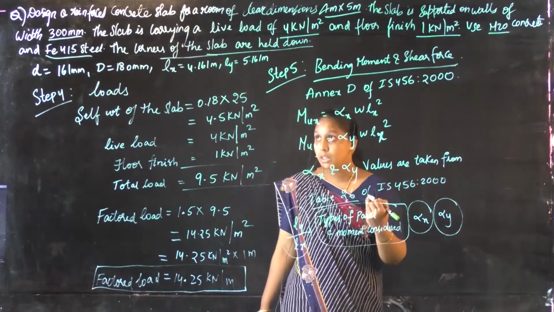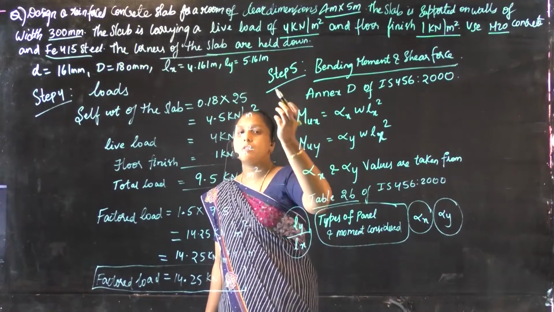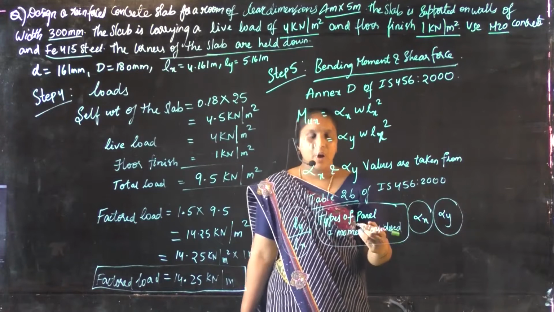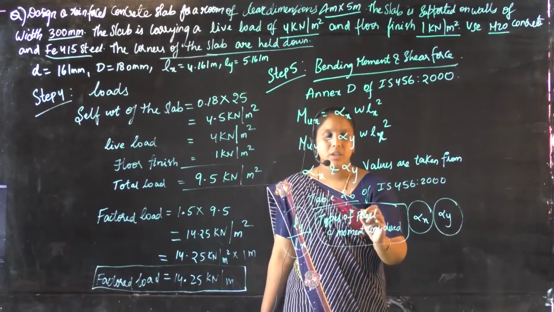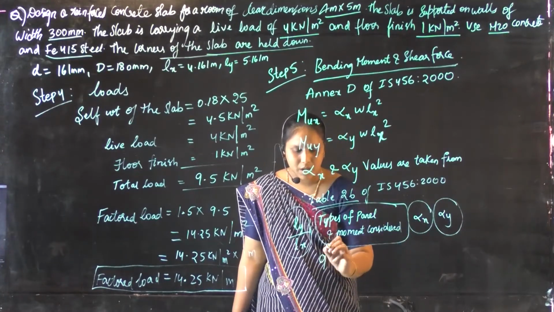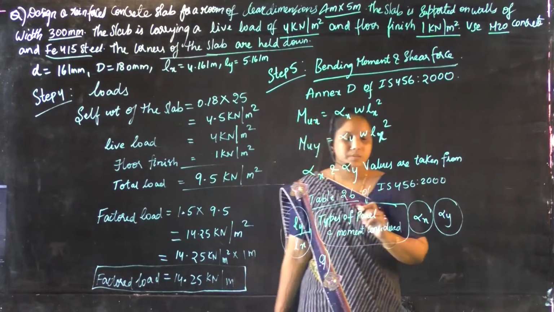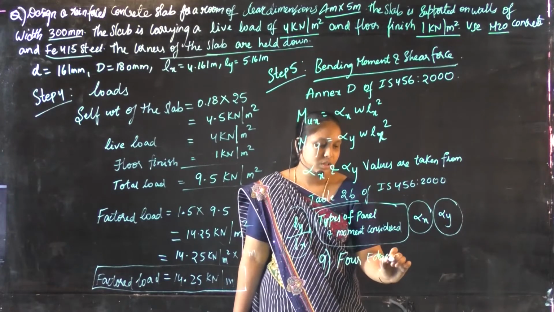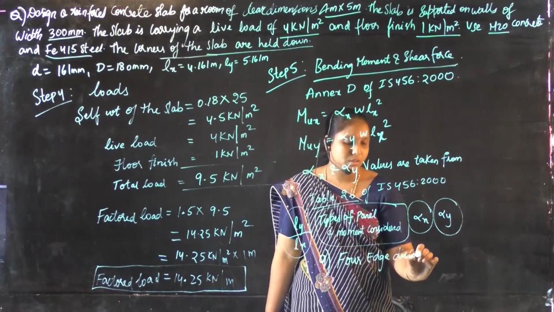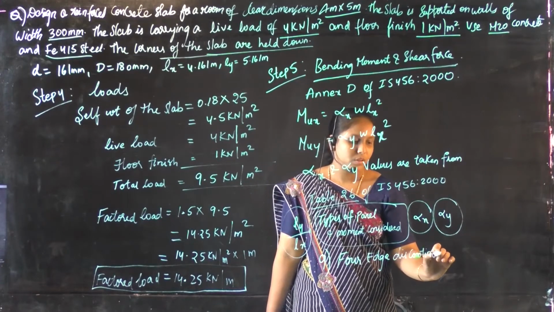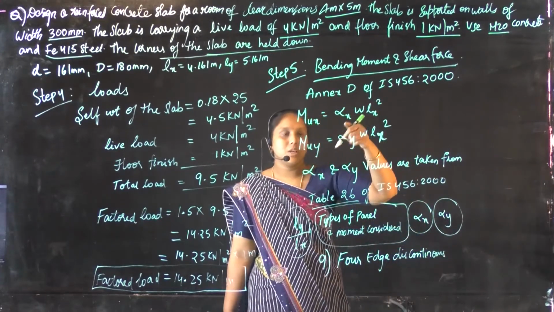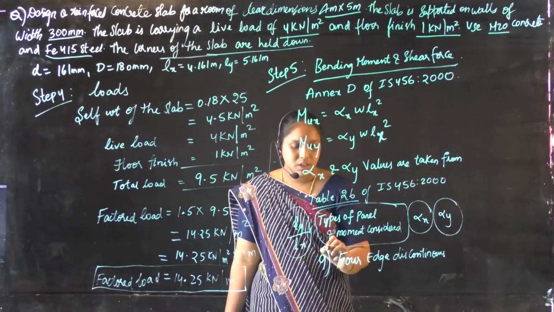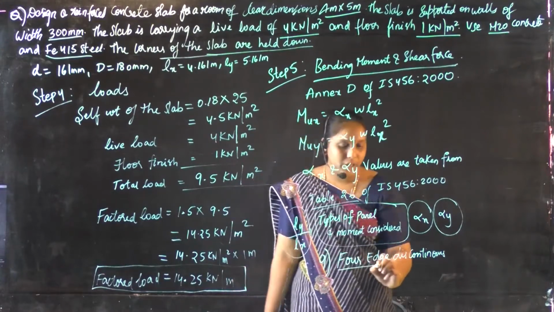Now in this particular problem, for the condition where the corners of the slab are held down, we are going to take condition 9, which is four edges discontinuous. Here the slab is simply supported on the four sides.